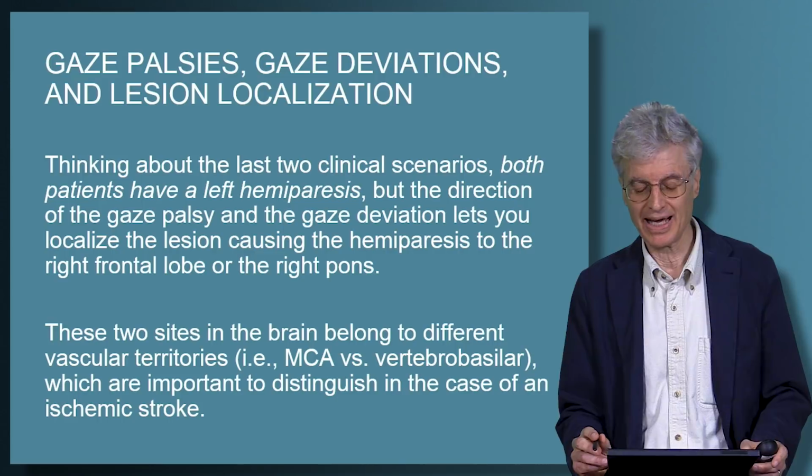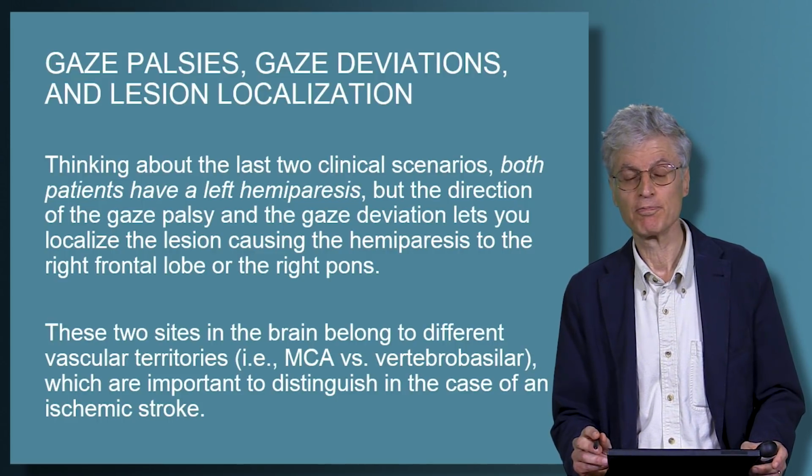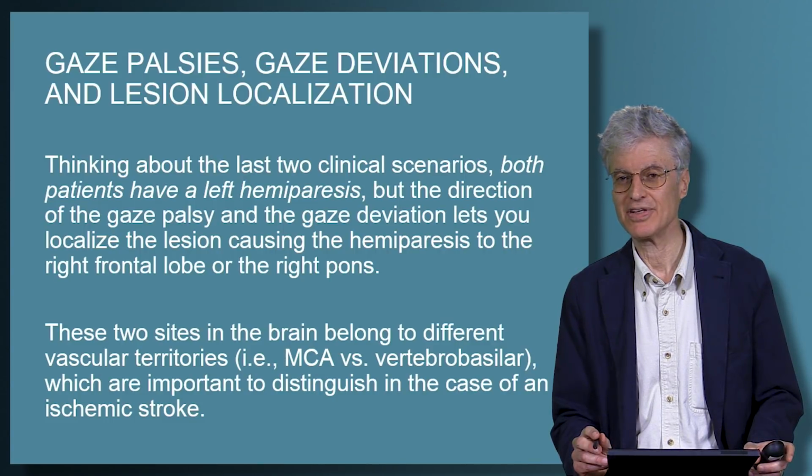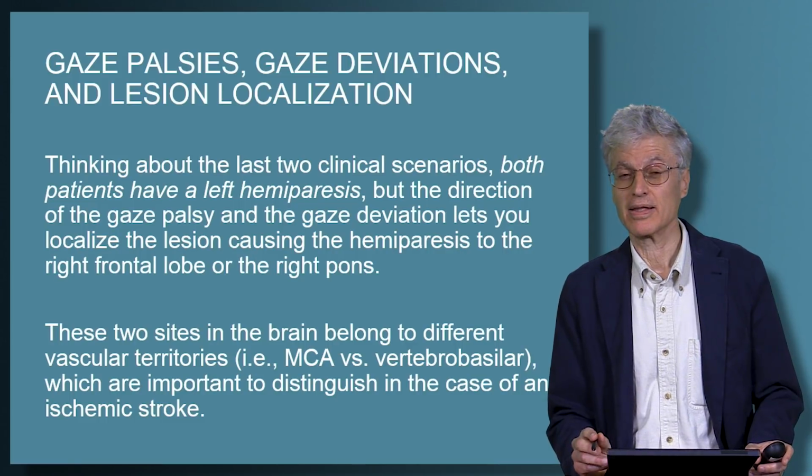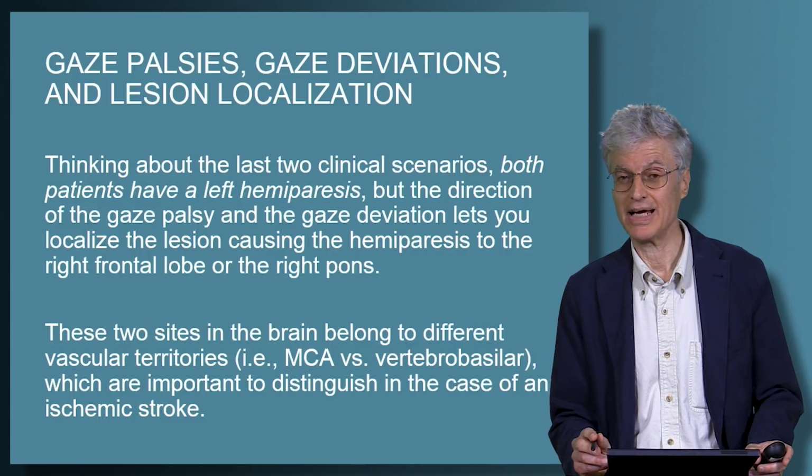So thinking about the last two clinical scenarios, both patients have a left hemiparesis, but the direction of the gaze palsy and the gaze deviation lets you localize the lesion. So in the case of the right frontal eye field lesion, the eyes were to have turned left but are deviated right, and there's a left hemiparesis.